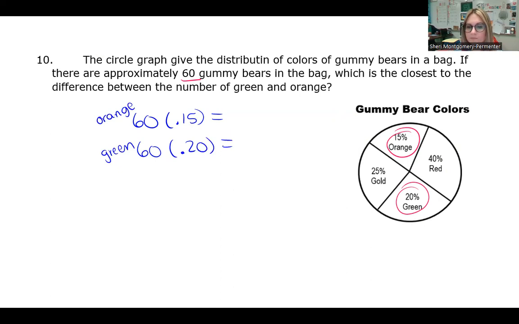Okay. How many green do I have? So the question is asking you the difference. So the difference means that what's the difference in 9 and 12? Very good. That's it.